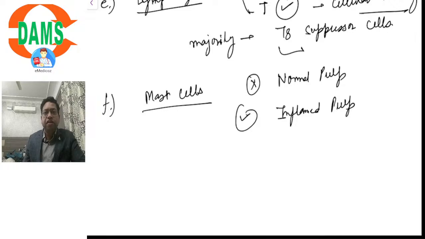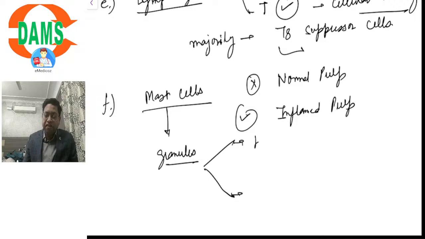So whenever there is inflammation, the circulating blood cells and the epithelial cells would give rise to the mast cells. These mast cells have characteristic granules present in them. So whenever there is pulpal inflammation, these granules would be released from the mast cells, releasing histamine and heparin.